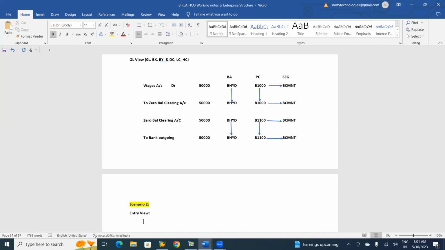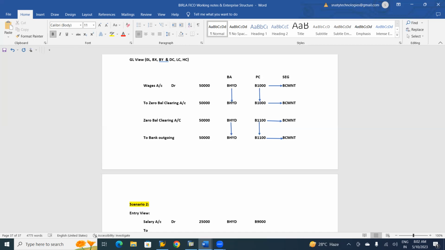Entry view. Okay, so here I am doing one more. Salary account debited, 25,000. Business area PHYD. Profit center: corporate profit center.